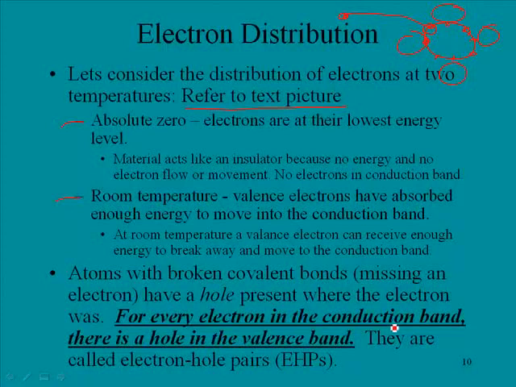For every electron in the conduction band, there is a hole in the valence band, and they are called electron-hole pairs. One concept we will see is that in pure silicon, you'll have an equal number of free electrons as you have holes, and that just makes sense.